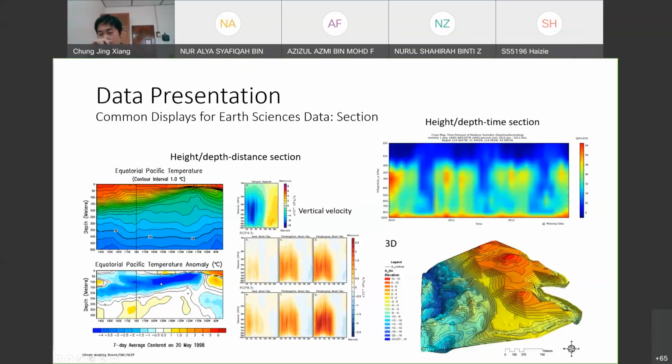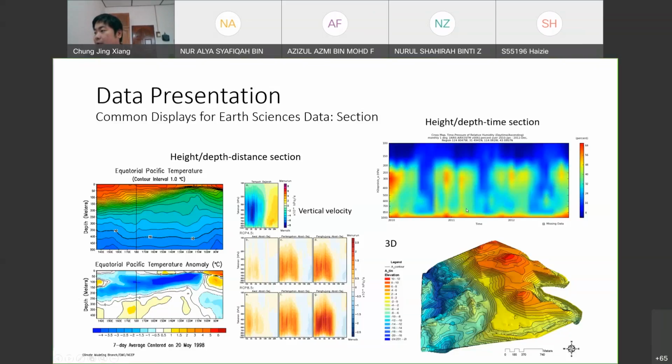When you use color, make sure it makes sense. Like this one, temperature anomaly means the difference of the temperature compared to the mean. The red one, straight away you know it's warmer. Blue is colder. This is a vertical section in the atmosphere.